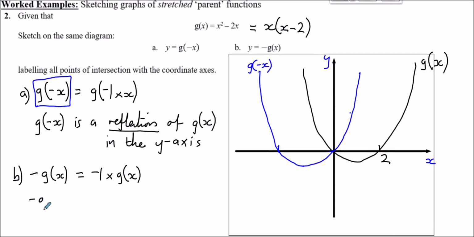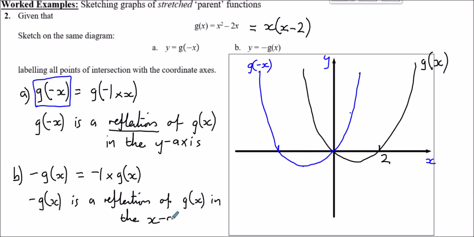So minus g of x, that's a reflection of g of x in the x-axis.